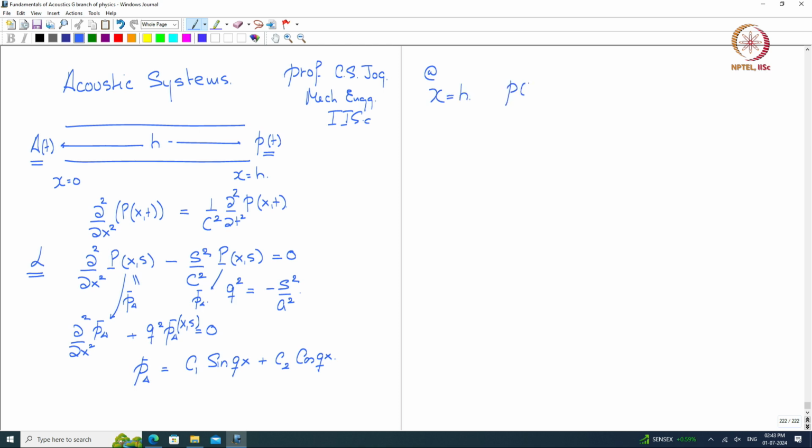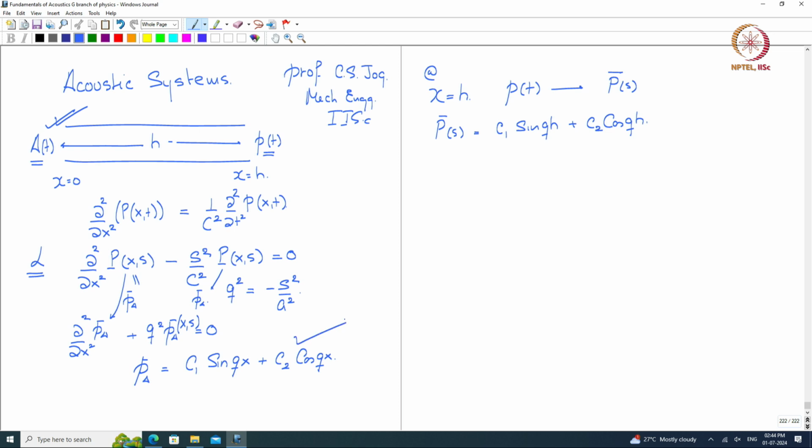P of t, which in the Laplace domain is p bar of s. So p bar of s is equal to c1 sin qh plus c2 cos qh. Now we want to take care of the acceleration condition.